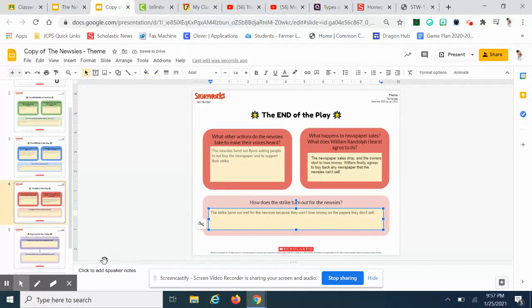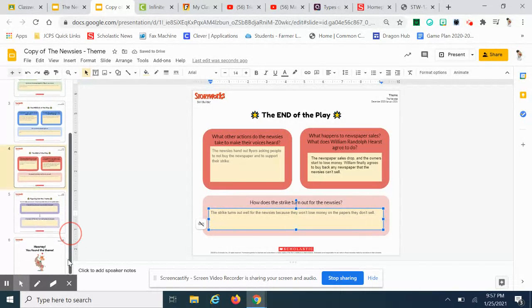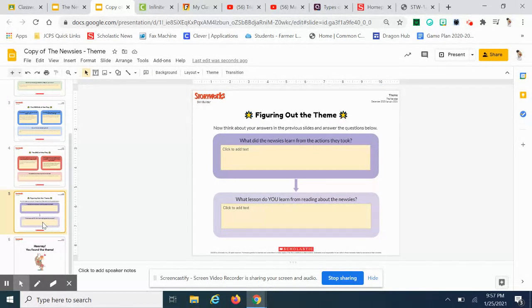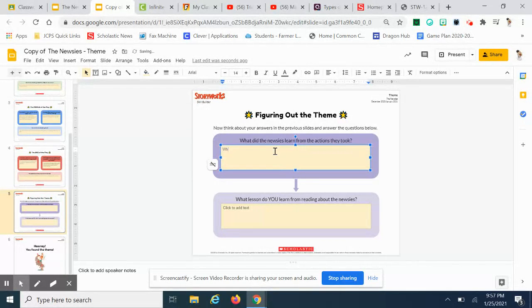All right, last slide is we're putting it all together. So what did the Newsies learn from the actions they took? The Newsies learned that by sticking together, they have power. Okay, so we're going to stick this in here. This is kind of like the theme here.